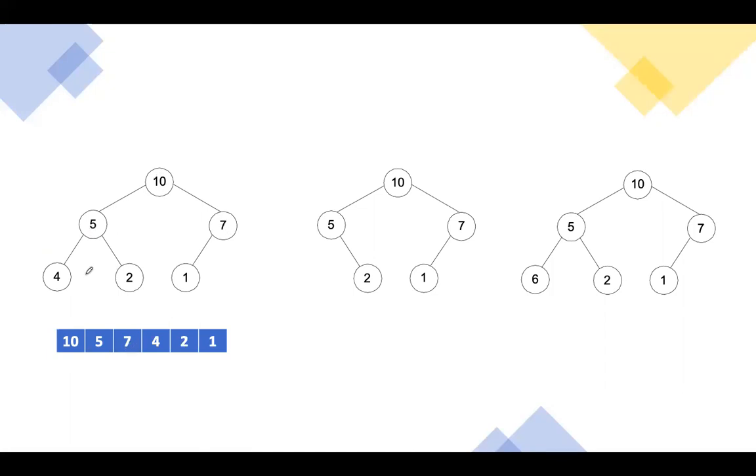Okay, 10, 5, 7. And then at the next place, the left child of 5 and the right child of 5. And 7 has got only one child, that is 1.